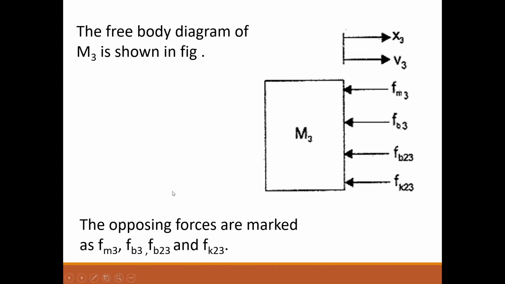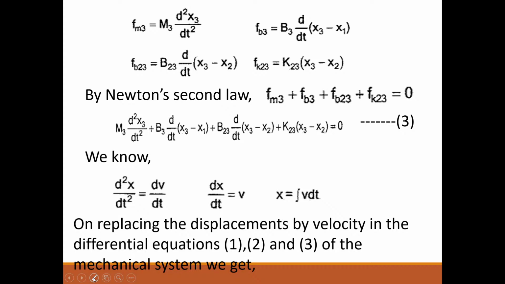So let us see the Fm3, Fb3, Fb23 and Fk23 equations. So what are the equations? Fm3 means M3 d square by dt square x3. Fb3 is B3 d by dt of x3 minus x1. Why? Because B3 is between mass 3 and mass 1.